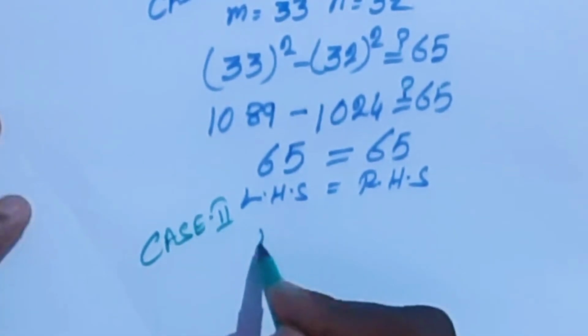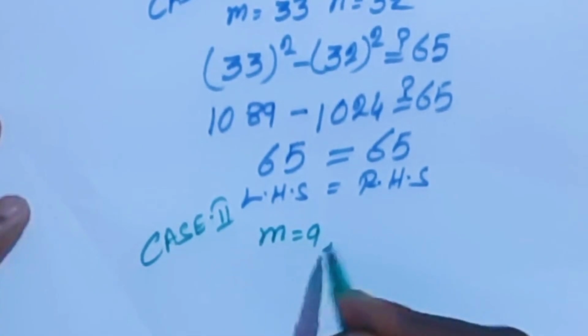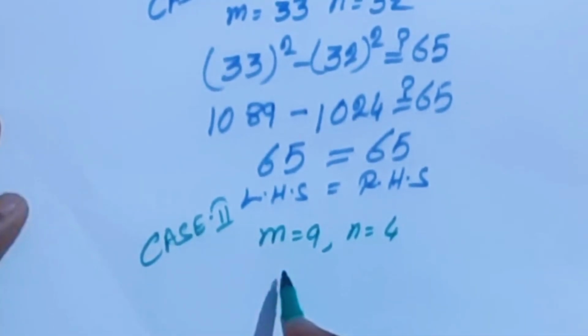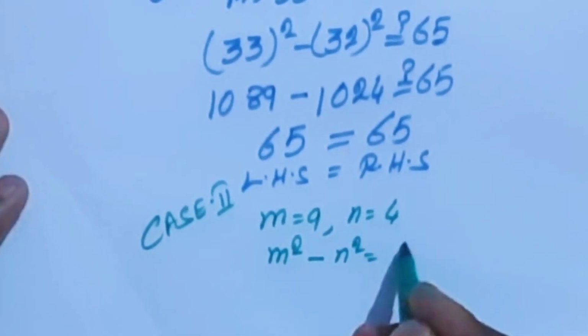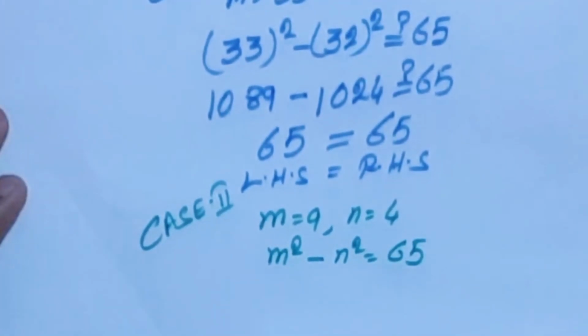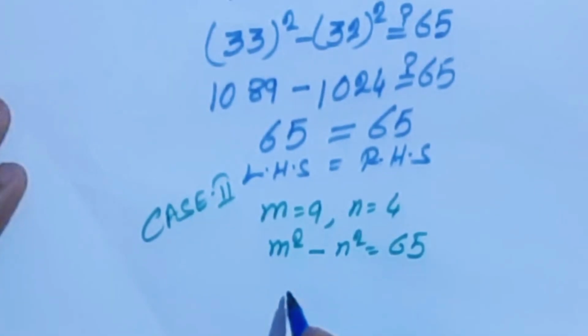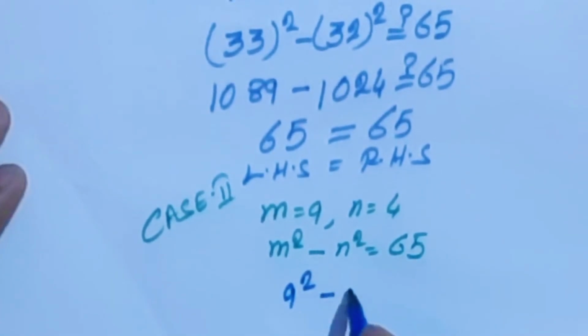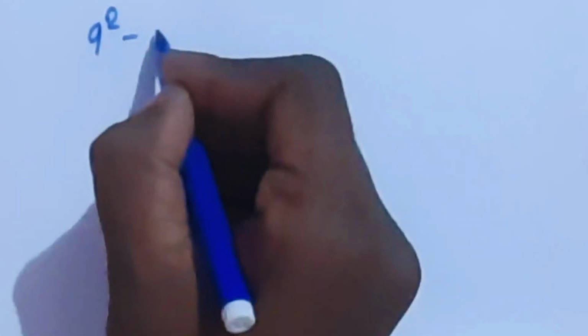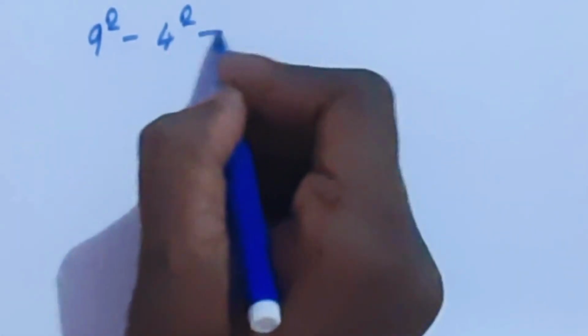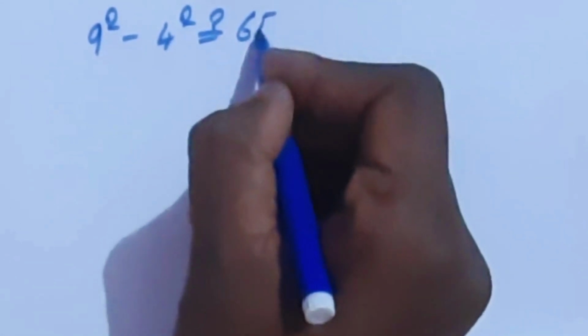Now for case 2, here m value is 9, n value is 4. Equation is m square minus n square equal to 65. Applying this here, so we'll get 9 square minus 4 square equal to 65.